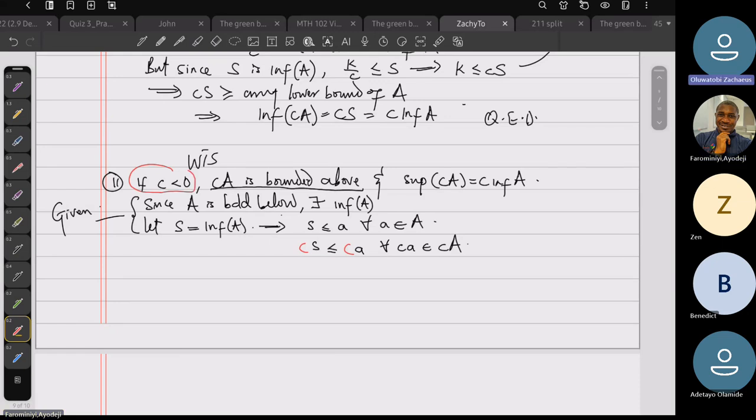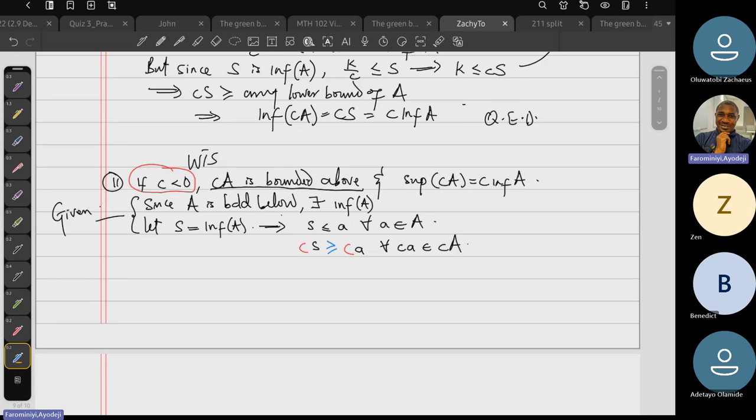Our C is negative, so the inequality sign will have to change. So we can see that CS is greater than or equal to CA for all CA in CA.